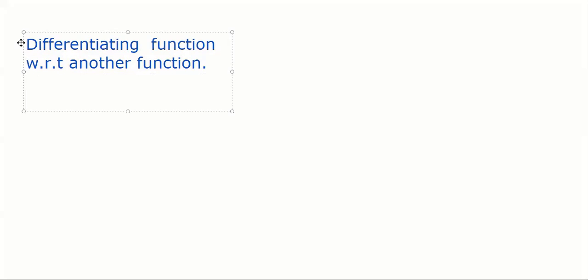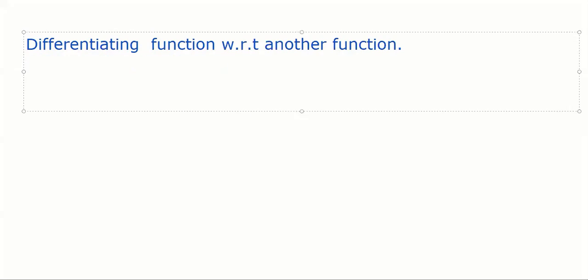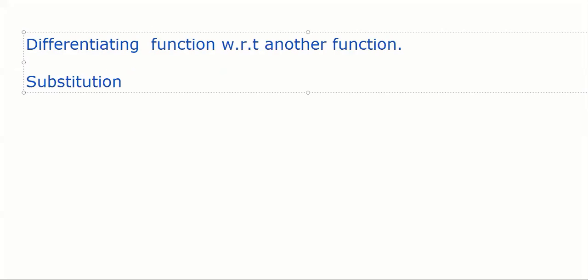And the method we were using is substitution, right? That's the best way. If you differentiate a function with respect to another function, the best is to substitute u and v, and that is how we can solve very easily.